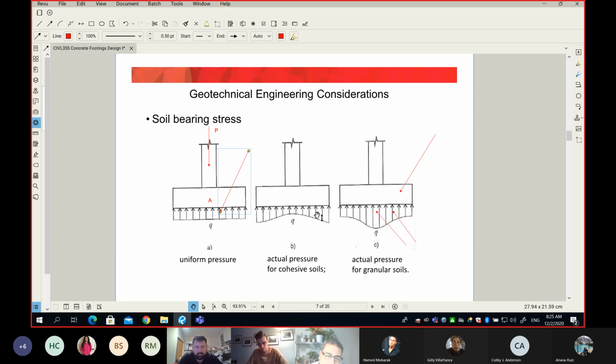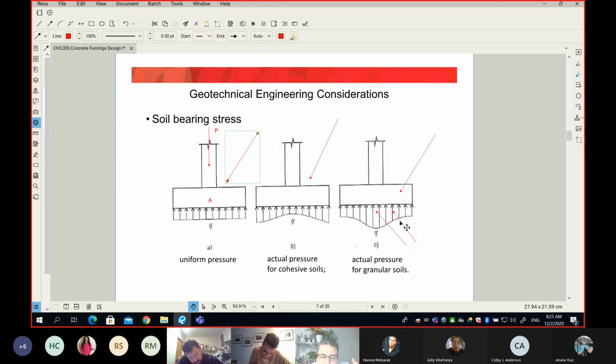You know what? I will make your life simple. Although this one or this one is what's going to happen, in our design we typically use this one here, because the other is not easy. How do we know the exact shape of the stress under the footing? It's not easy.